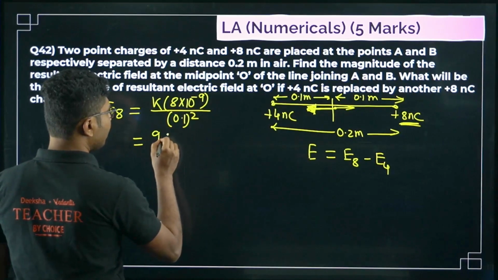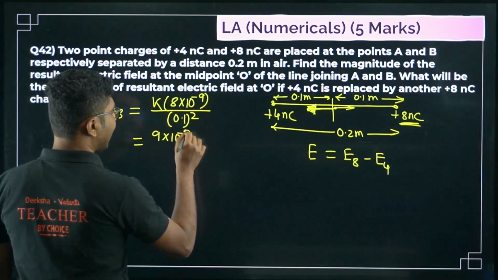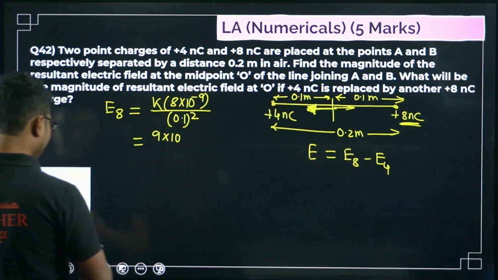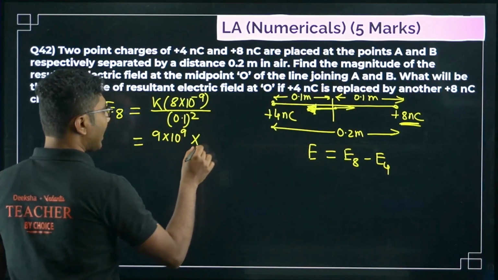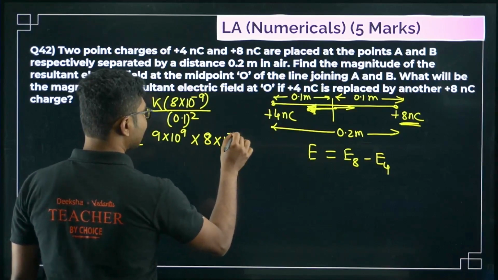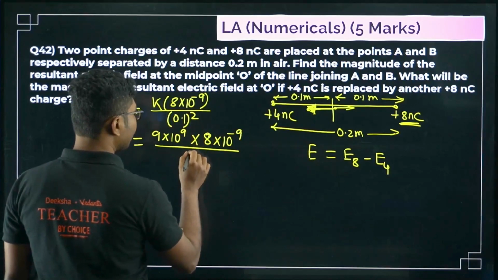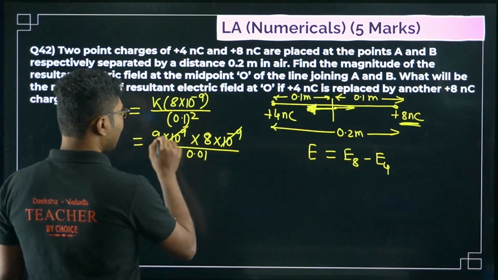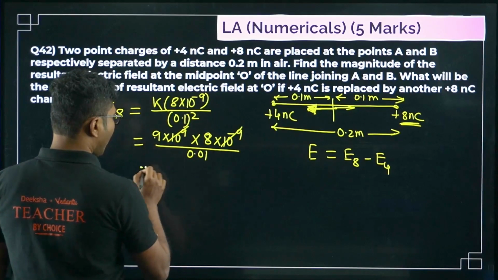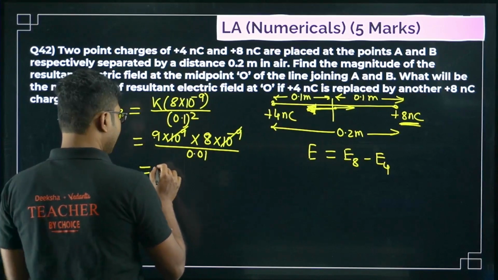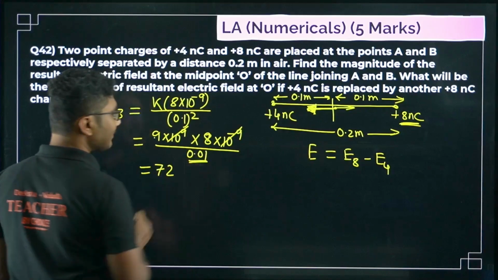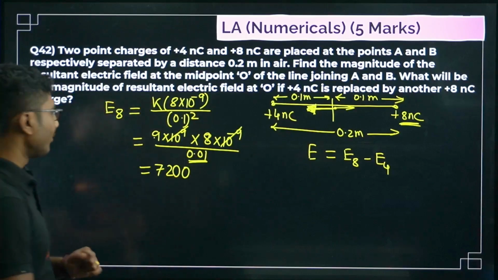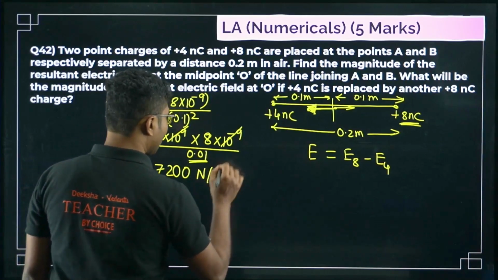K is 9 into 10 to the power of 9. So it is 9 into 10 to the power of 9 into 8 into 10 to the power of minus 9, divided by 0.1 whole squared, which means 0.01. This will cancel. That gives 72, divided by 0.01. Dividing by 0.01 is the same as multiplying by 100, so E8 is 7200 newton per coulomb. This is the electric field due to the plus 8 nanocoulomb charge.